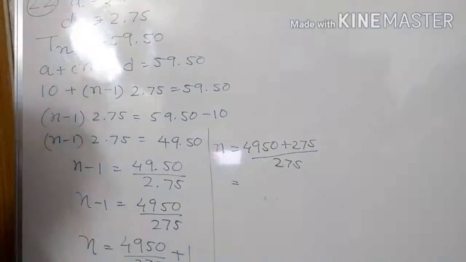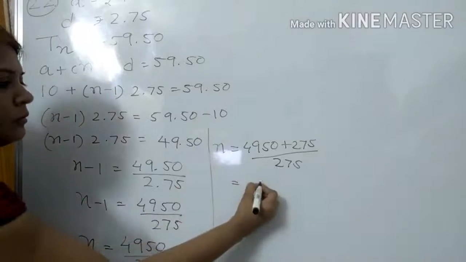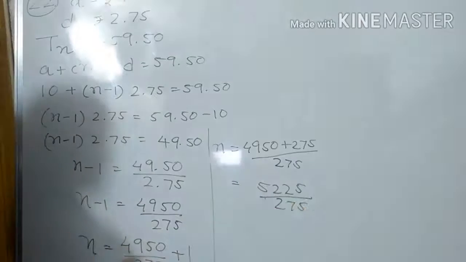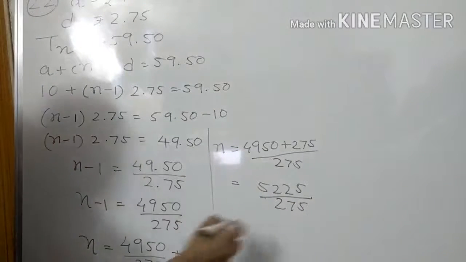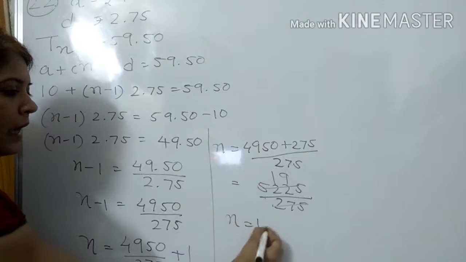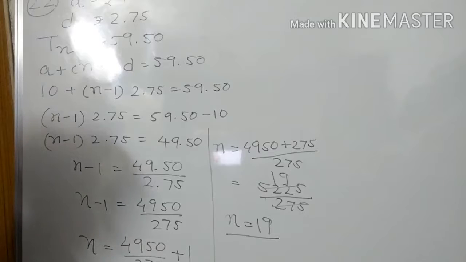So here the addition we get is 5225 upon 275. So now by cancellation I get n value 19. So here n value is 19. What the question asked is find n, so we have already found n value.